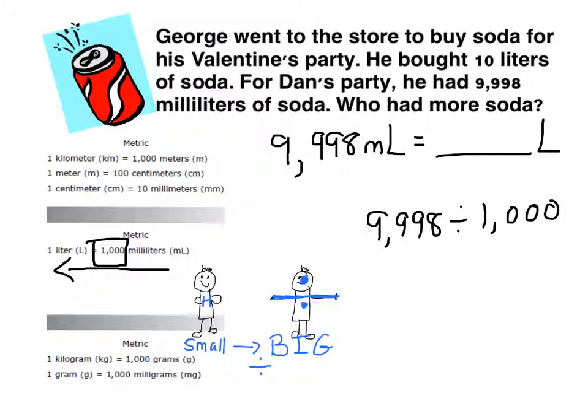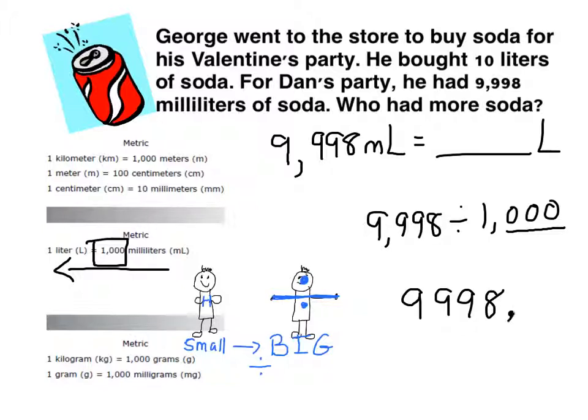Now, don't freak out and say, oh, I can't do this. Just do your decimal trick that we've been talking about. 9,998. I'm going ahead and removing that comma so it doesn't confuse me when I'm moving my decimal point. So there's my implied decimal point, and we're going to need to move 3 places because of the 3 zeros, and we know that we're going to move to the left because when we divide, the quotient is a smaller number.